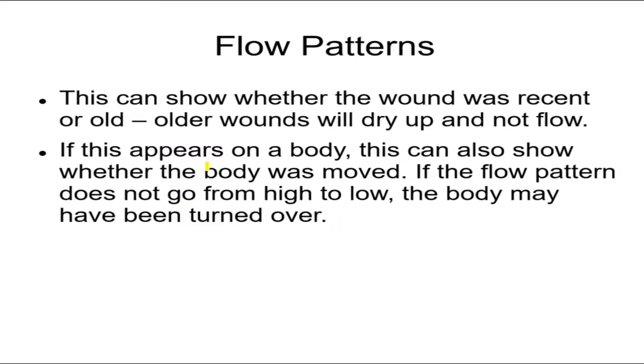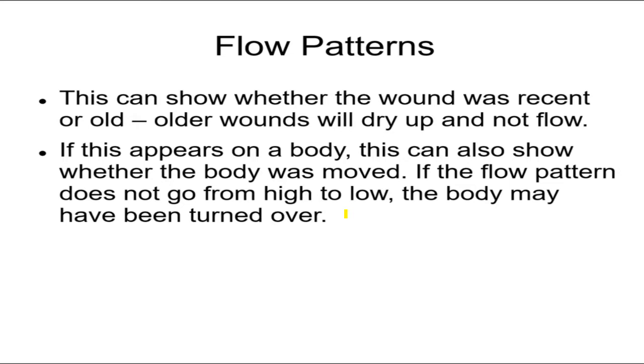Very often, this is actually very important, that blood flow on a body, for example, can show whether the body was moved. For example, you see the person was bleeding and the blood flowed all the way down his leg, and the person who claims he found the body said, well, the person was in bed and he was stabbed while he was lying in bed.